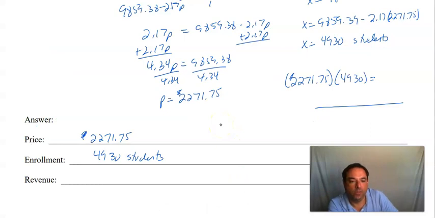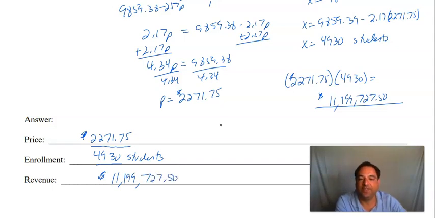So your total revenue, if you have a price of $2,271.75 tuition per student, and you have 4,930 students, will be $11,199,727.50.